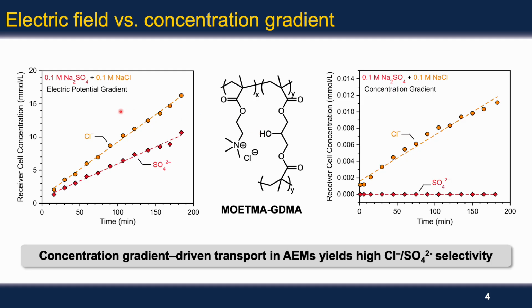We tested both electric potential gradient and concentration gradient-driven transport of mixed sodium sulfate and sodium chloride solutions. In both cases, we found that the chloride ion moves faster than the sulfate ion, but in the case of concentration gradient-driven transport, the separation is substantially more effective.